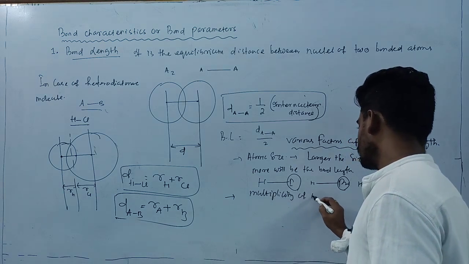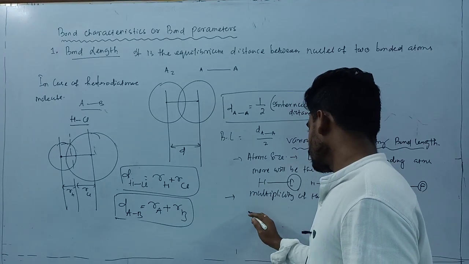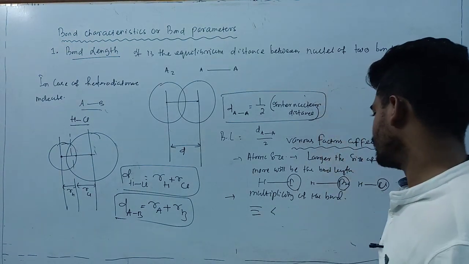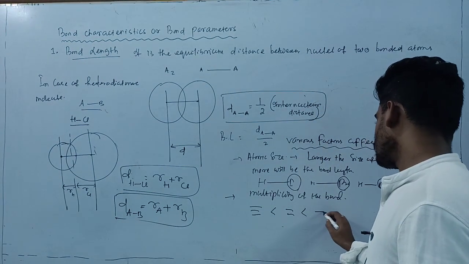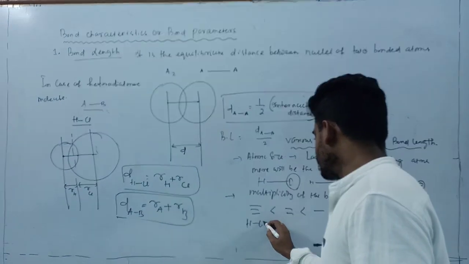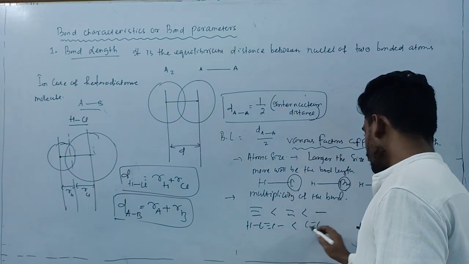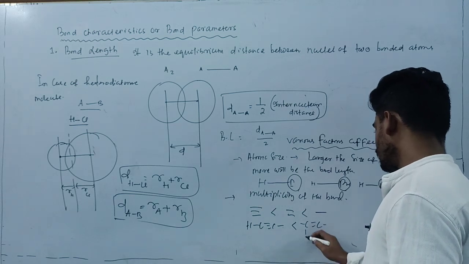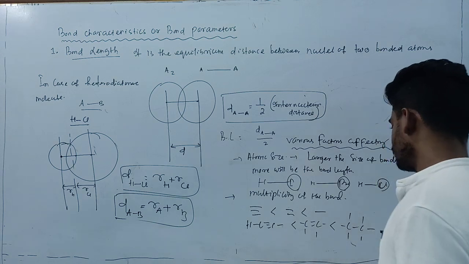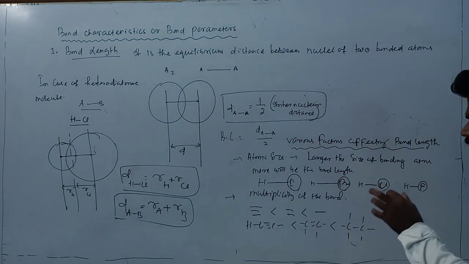Multiplicity of the bond means the more the bond order, a triple bond has less bond length than a double bond, than a single bond. So the bond length of HC triple bond CH, an alkyne, is less than that of a carbon double bond in an alkene, which is also less than that of a saturated hydrocarbon. The more the bond order, the lesser the bond length.